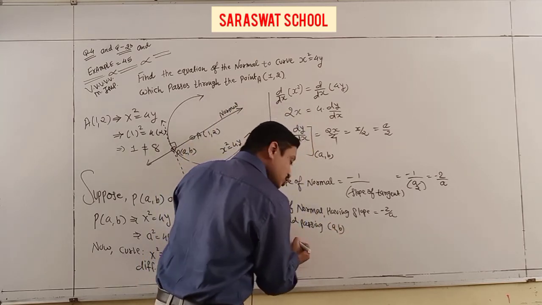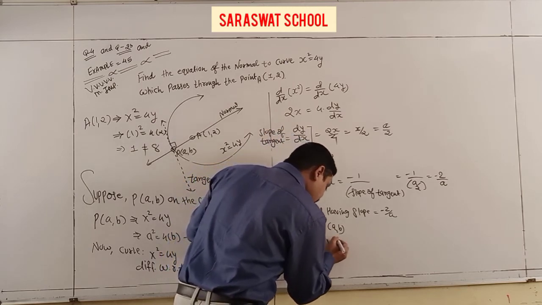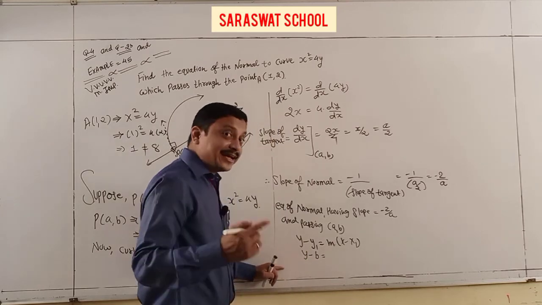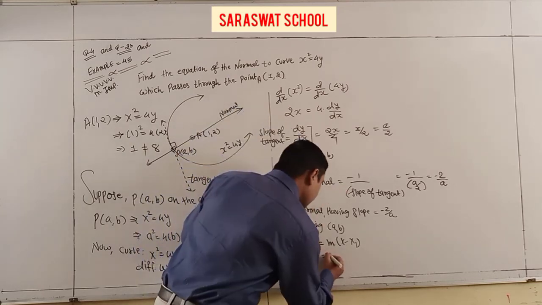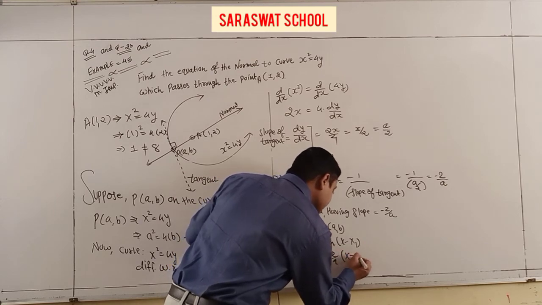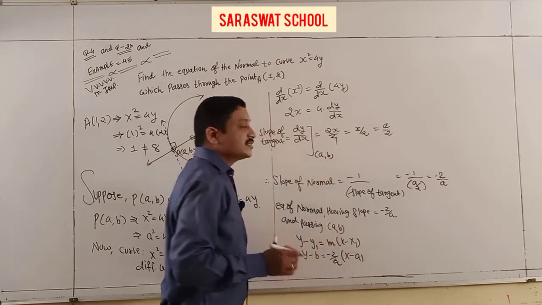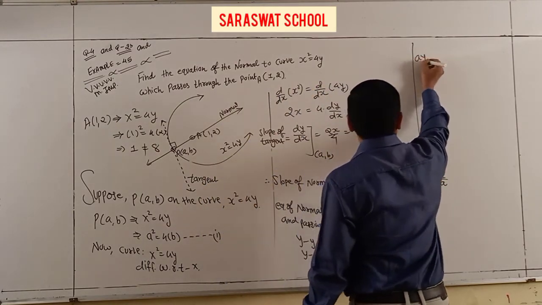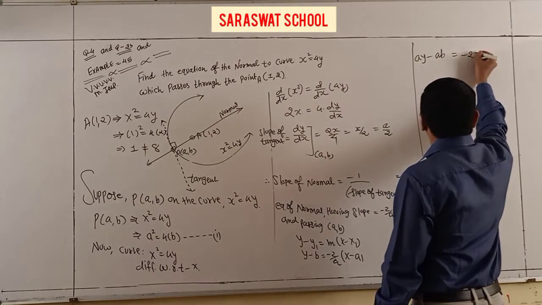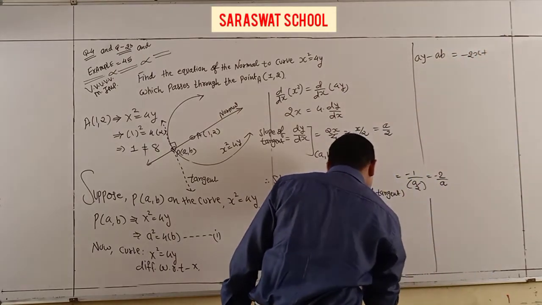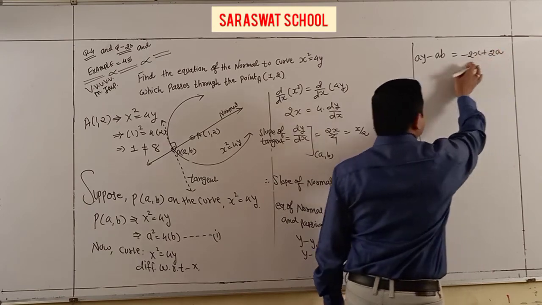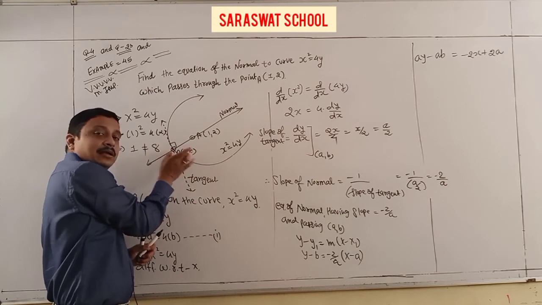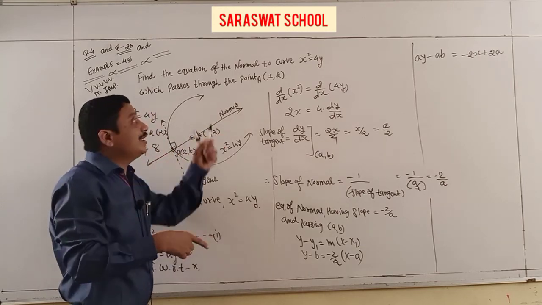So y minus y1 equals slope times x minus x1, with y1 as b and x1 as a: y minus b equals minus 2 by a times x minus a. Simplifying: ay minus ab equals minus 2x plus 2a. This normal passes through (a, b), but also through (1, 2), as already given in the question.